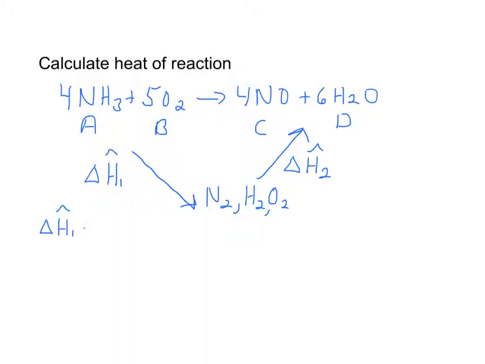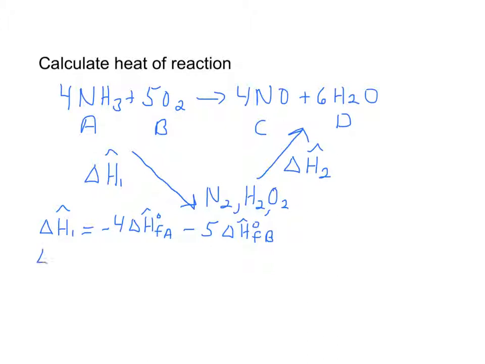So this is equal to minus 4 times the heat of formation of A, and then minus 5 times the heat of formation of B. The hat, remember, means specific enthalpy, kilojoules per mole, and the superscript 0 is standard conditions, 25 degrees C.